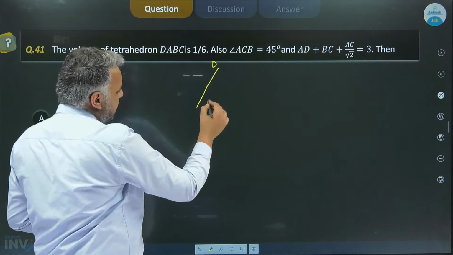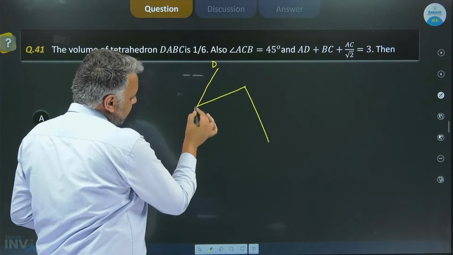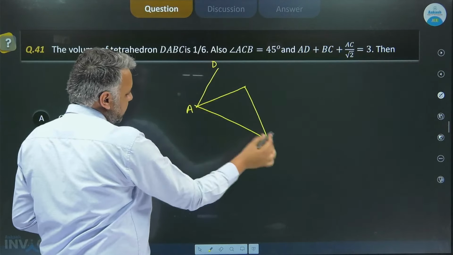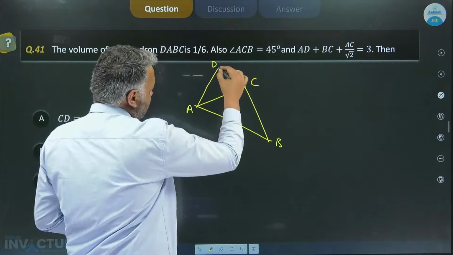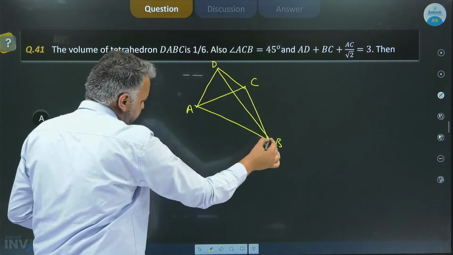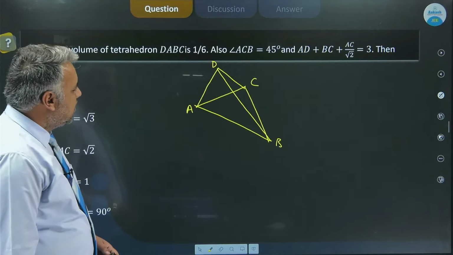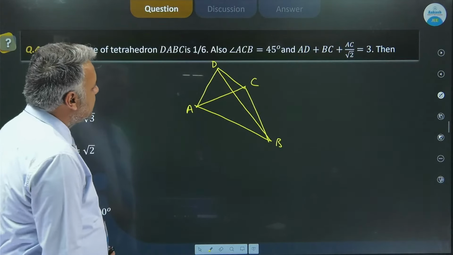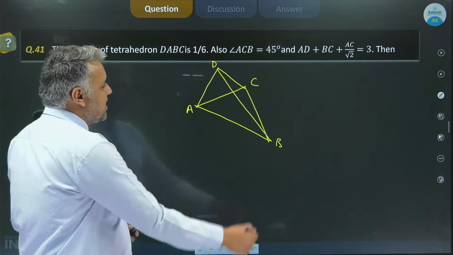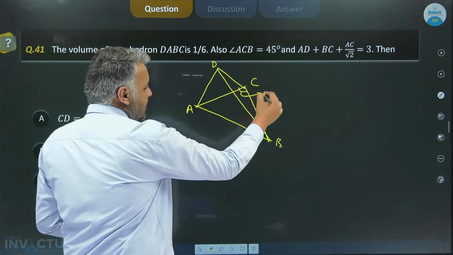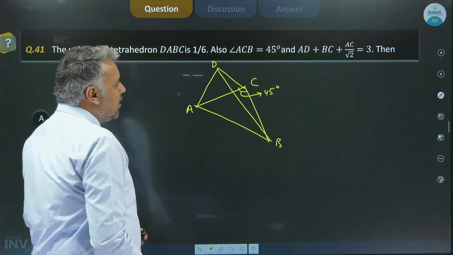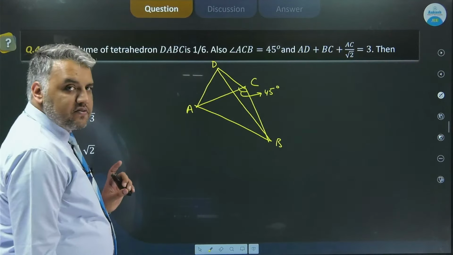Say D, A, B, C. Something like this. This is tetrahedron DABC. Here angle ACB is given 45 degrees, and the volume of this tetrahedron is 1/6.